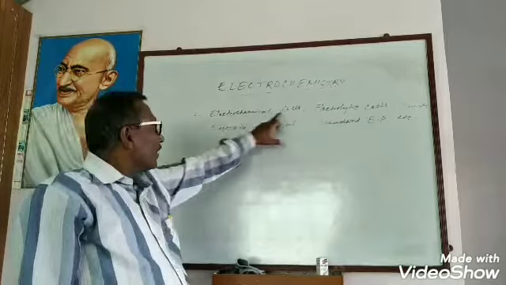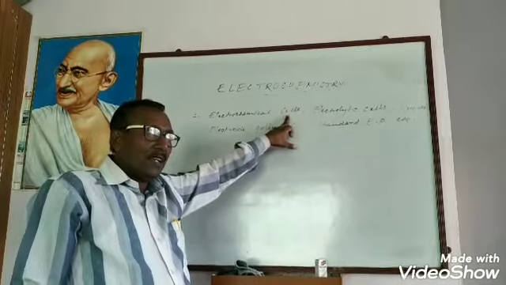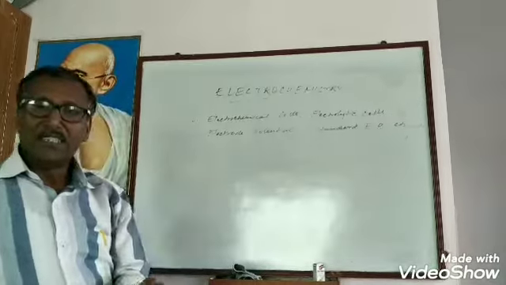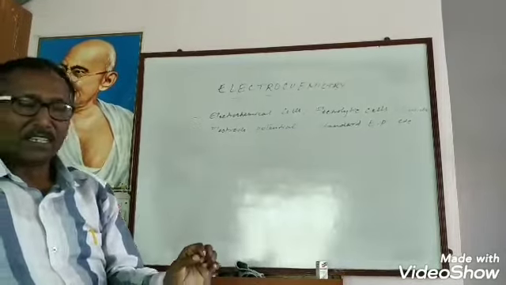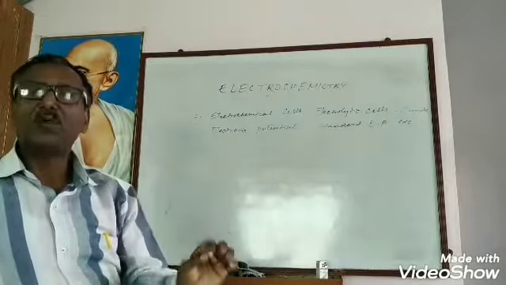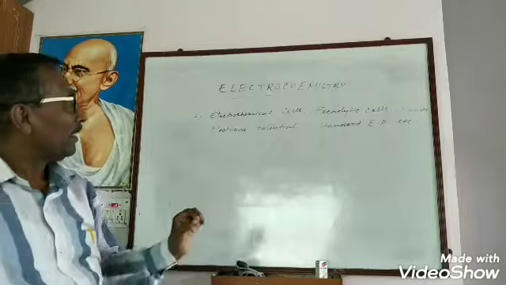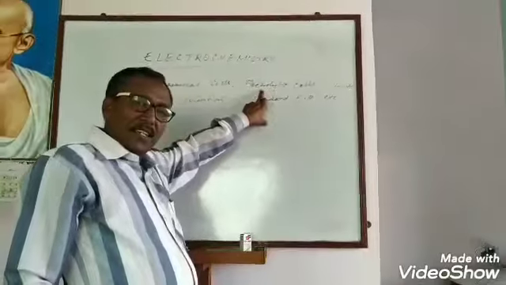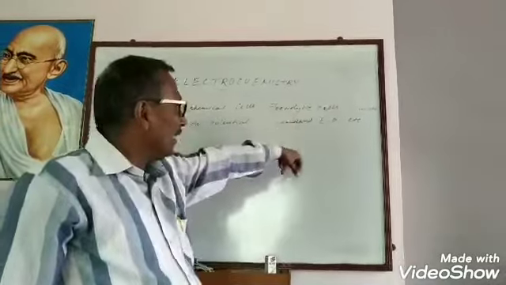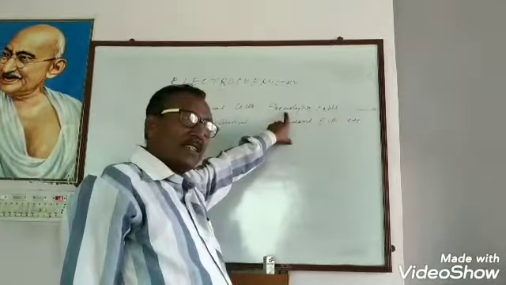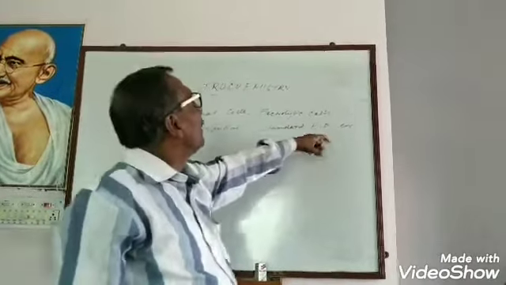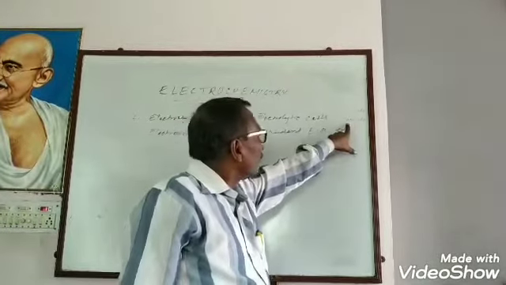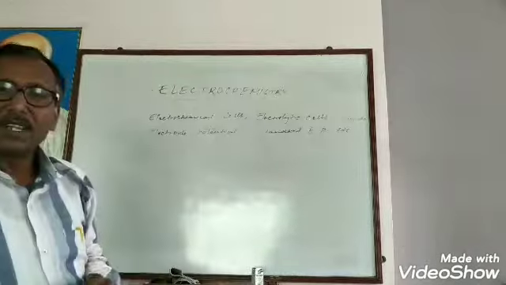Now, electrochemical cell. Electrochemical cell is a device which converts chemical energy into electrical energy. Electrolytic cell is also a device which converts electrical energy into chemical energy. Now we come on to electrodes.